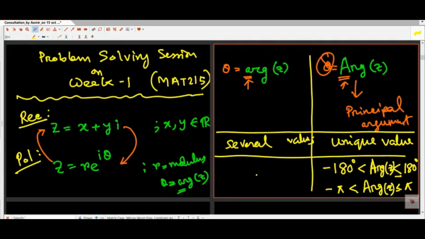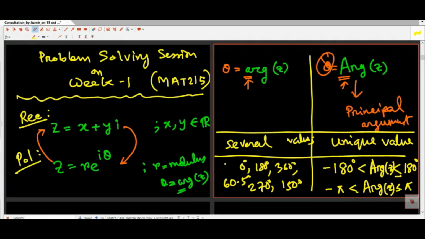So now argument, it can take multiple values. It can take several values. That means it can be 0 degree, it can be 180 degree, it can be 360 degree, it can be 270 degree, it can be 150 degree. Okay. Or we can think about 60.5 degree. These are positive values.